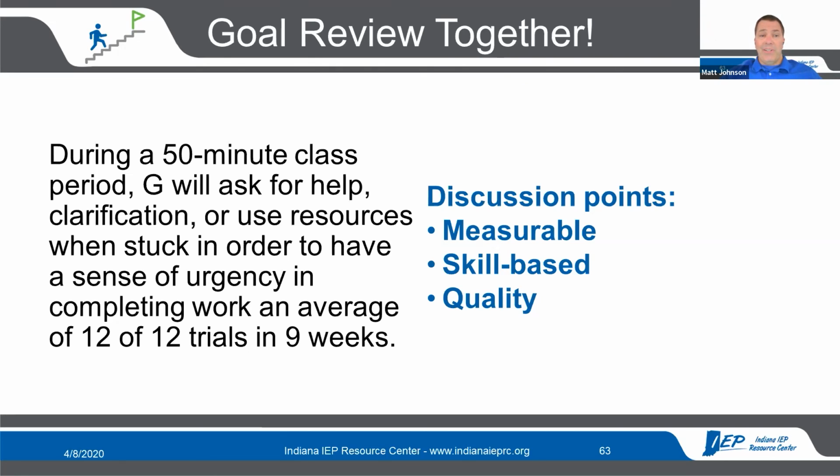Is this all class periods during the school day? And if a class period is shorter or longer, does that count? That's kind of weird to say, but that's something to consider. And "sense of urgency" doesn't make a whole lot of sense in there. And then completing work an average of 12 out of 12 trials. I don't know how you average 12 out of 12 unless you're expecting them to be perfect every single time. So that's hard to do.